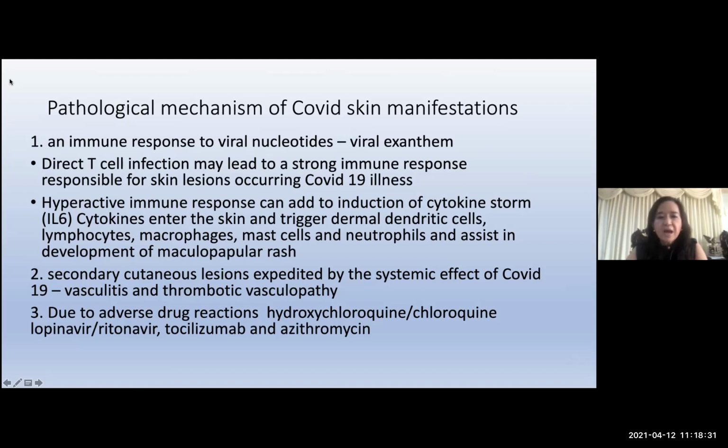And of course, you have your secondary cutaneous lesions expedited by the systemic effects of your COVID-19: vasculitis, thrombosis, and vasculopathy. Another reason why you have manifestations would be adverse drug reactions from your hydroxychloroquine, chloroquine, lopinavir, ritonavir, tocilizumab, and azithromycin.